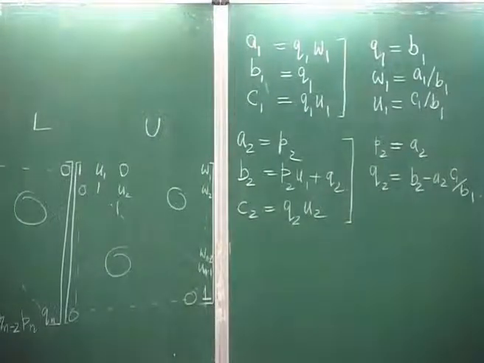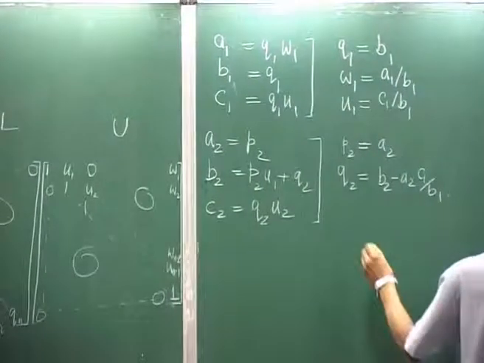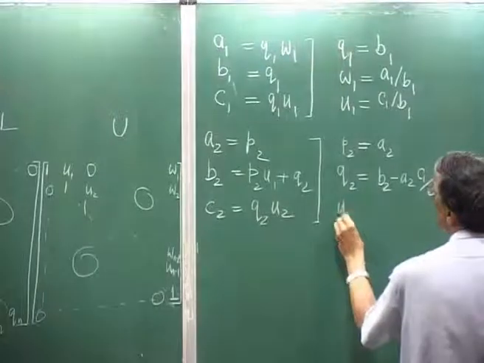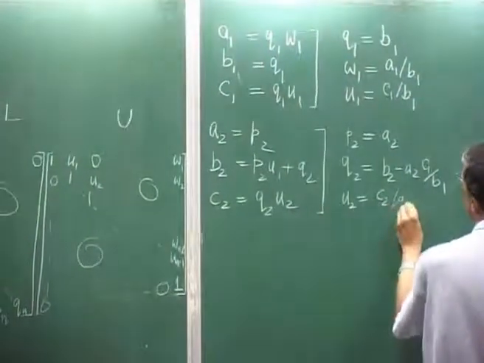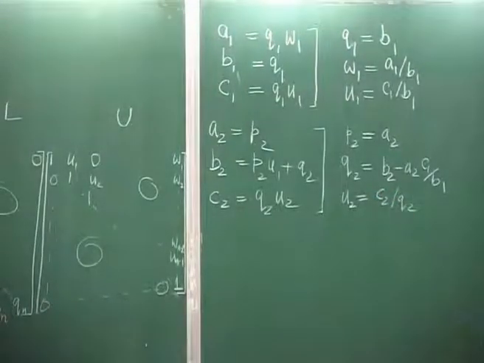So, that is what we should get as Q 2, and finally, you would like to get U 2 is equal to C 2 by Q 2. So, Q 2 is here. So, you can substitute and you are done. Okay, so, this is the usual way of doing it.